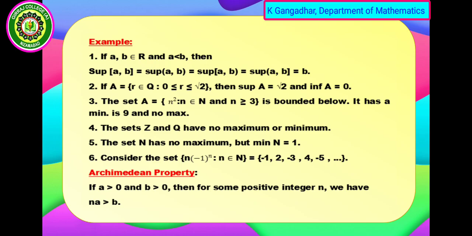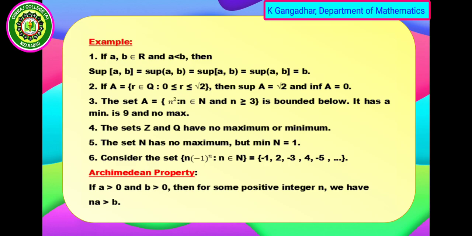Next example: A equals the set of r belonging to Q such that 0 is less than or equal to r, which is less than or equal to root 2. This means r is a rational number and its value lies between 0 and root 2. What is the supremum and what is the infimum?